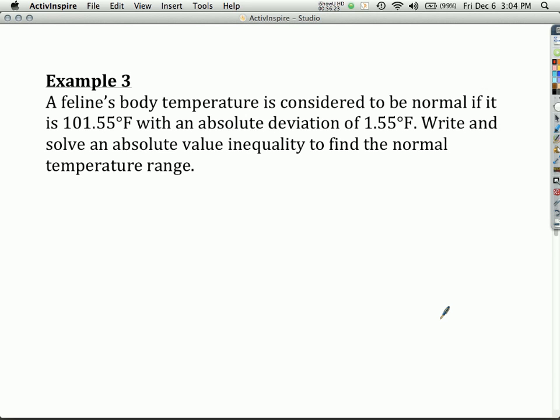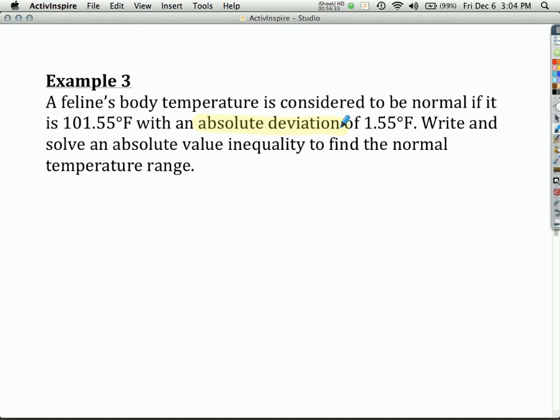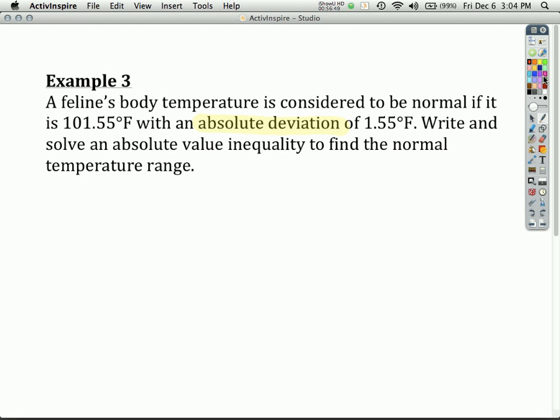So the real-world examples you're going to be dealing with again today are absolute deviation questions. So this is the clue that it's an absolute deviation question. The last time we did absolute deviation equations, now we're doing inequalities. It's the same thing. So you have to go back to the formula, and so you will be able to see the formula when you need it.